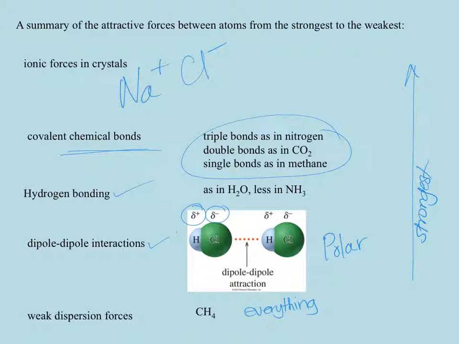And so you're going to have lots of these attractions going on where one HCl lines up next to another HCl. You'll notice how they line up, that the partially negative end lines up next to the partially positive end on an adjacent molecule, because partially negatives are going to repel each other, partially positives are going to repel, but a positive and a negative would attract.